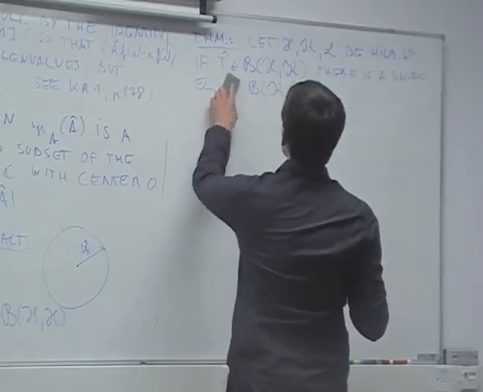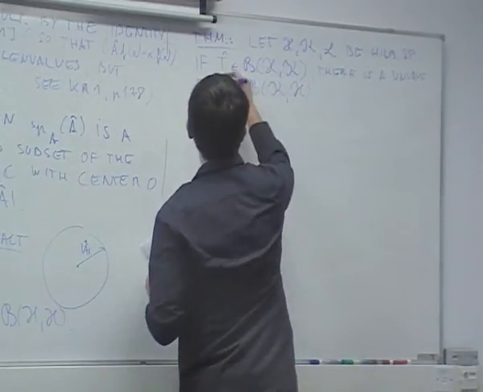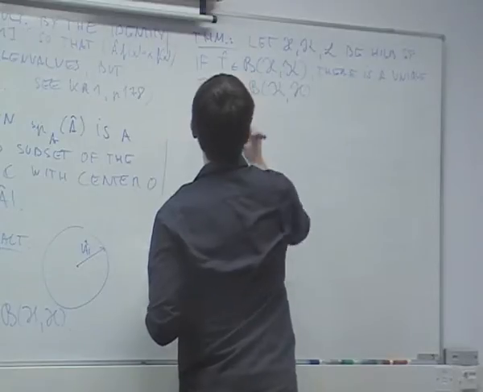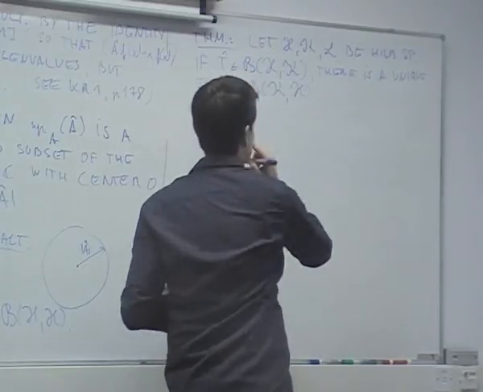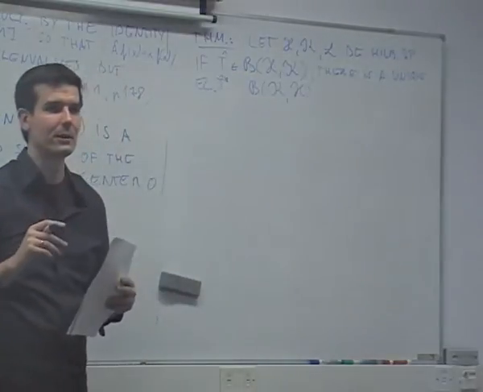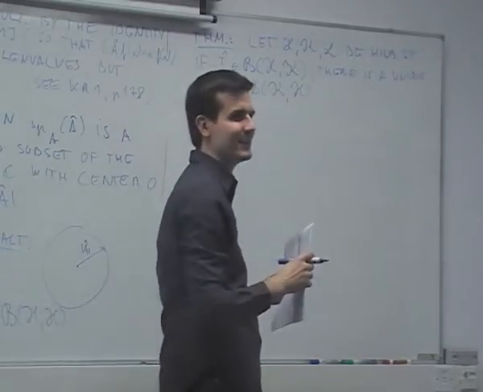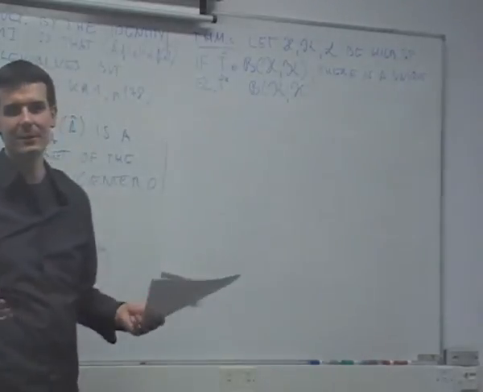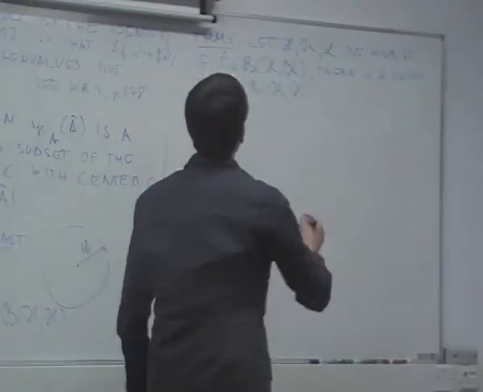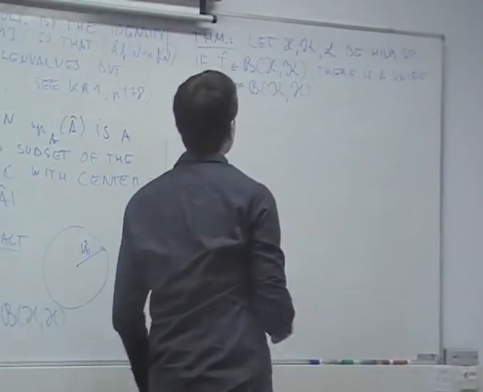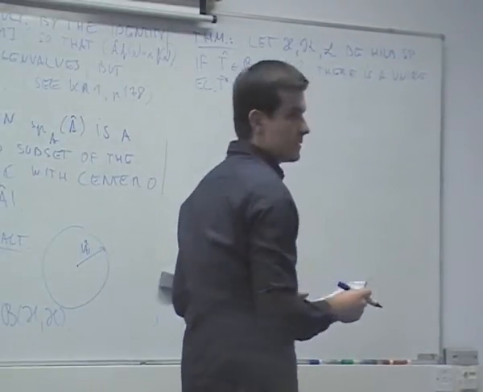So the element is written T star. Maybe people in this group would like to write T dagger here. Well, that's essentially what we call the dagger, just following the convention in functional analysis.